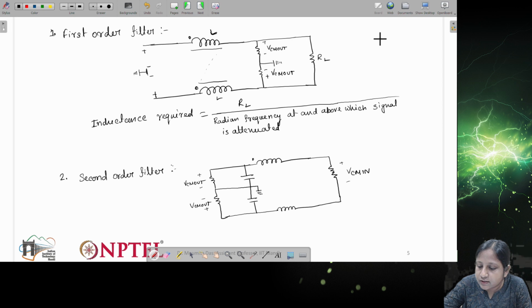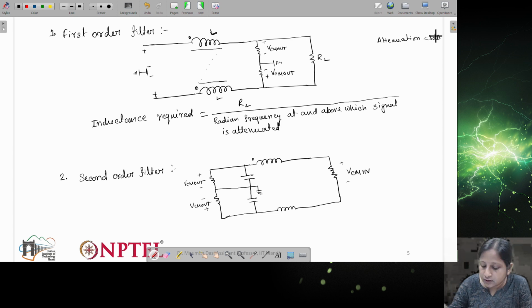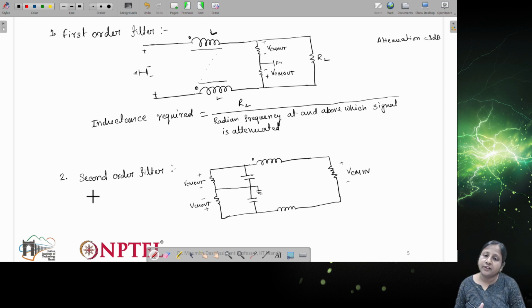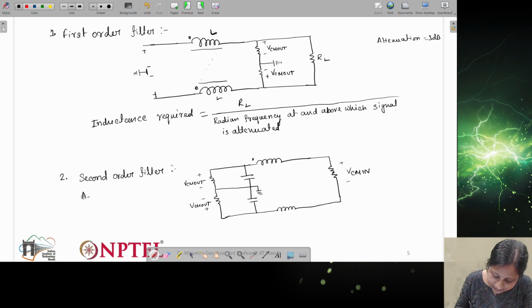So in this case I will just write down attenuation 3 dB. In this case, the second order filter, the important thing is that attenuation will be equal to 12 dB per octave.